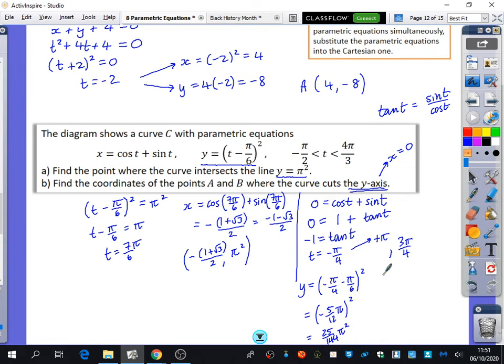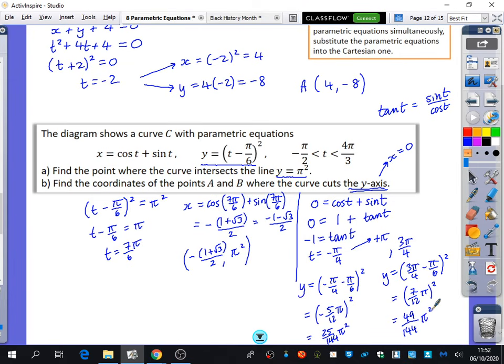And then for this second solution, it would be 3 pi over 4 minus pi over 6, all squared. So we'll do 3 over 4 minus 1 over 6. So it's 7 over 12 pi, all squared. We don't even need the calculator because 7 squared is 49 and 12 squared is 144.